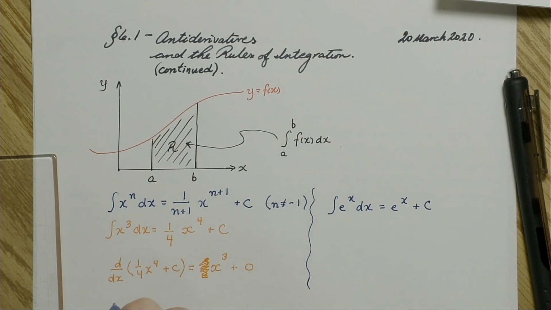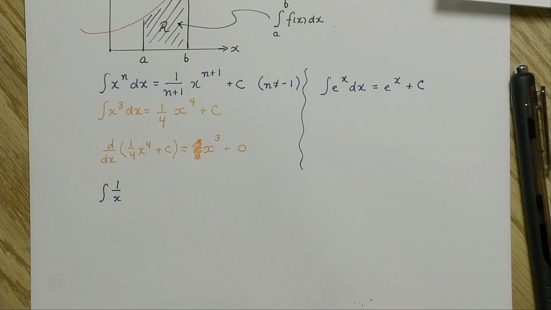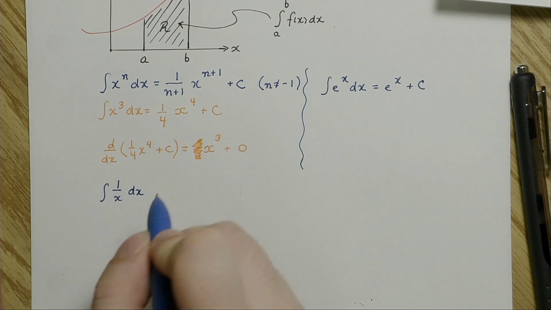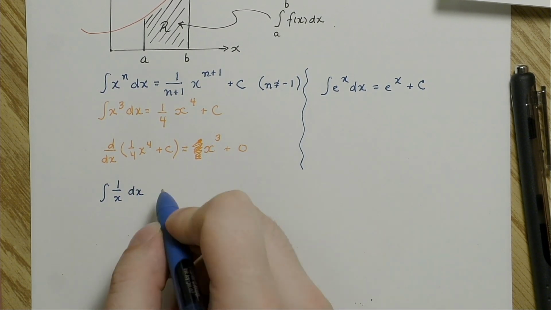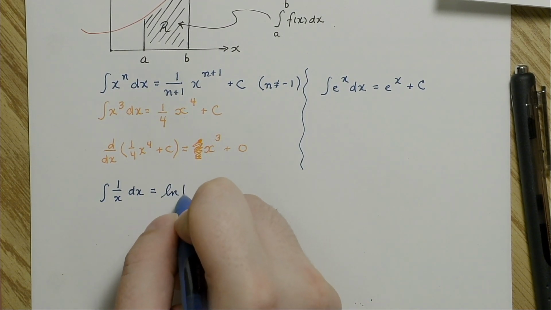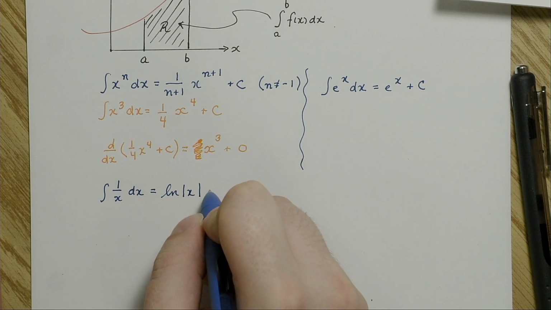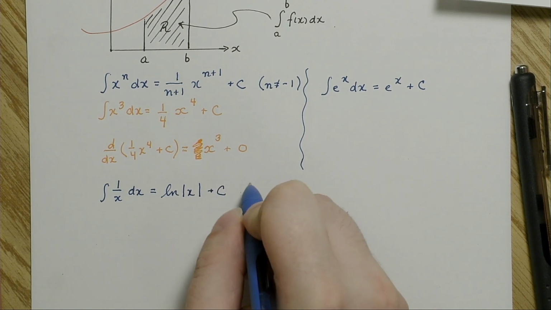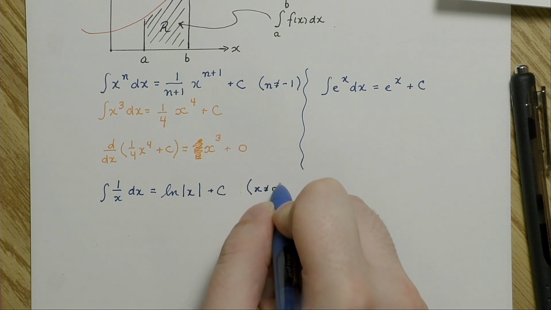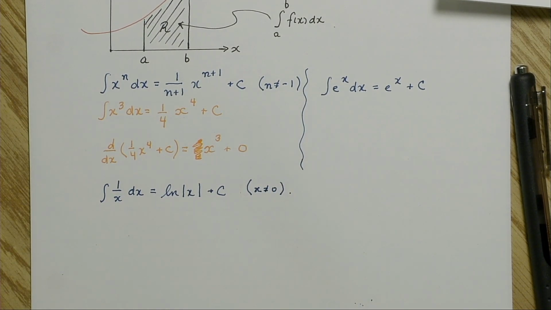And we also have the integral of 1 over x dx, and we did that last time. That's equal to the ln of x plus c, provided that x is not equal to 0.